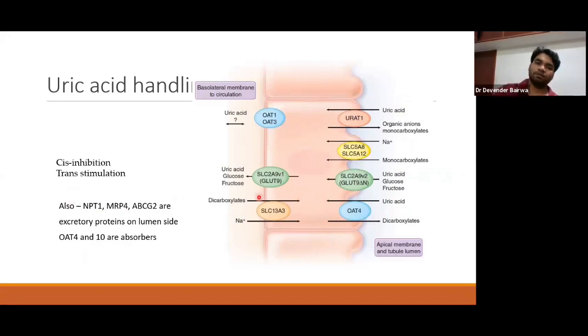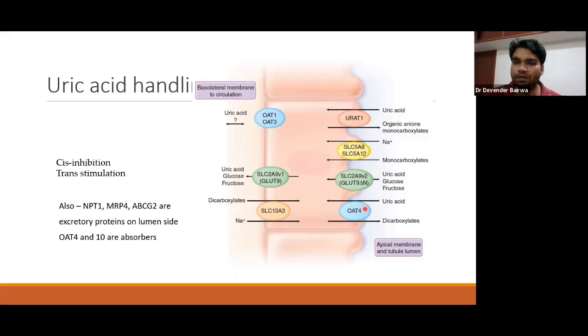There are two terms known as cis inhibition and transstimulation. There are drugs or substances which can be utilized by these pumps so that uric acid can be absorbed. Suppose you are giving lactic acid in the body and lactate is being excreted, and then there is intake of uric acid.